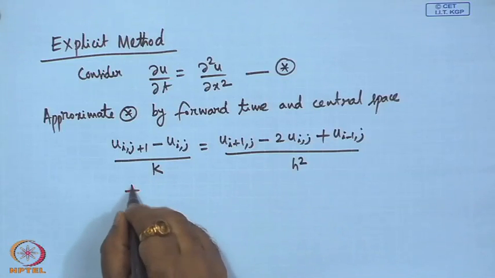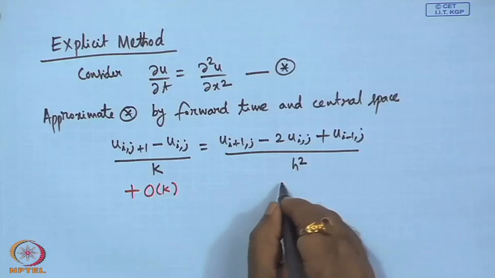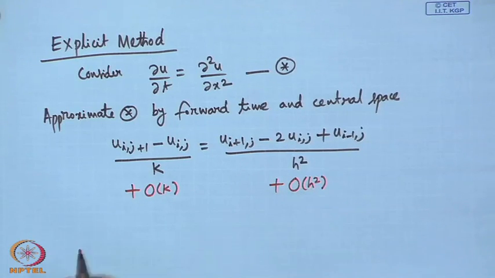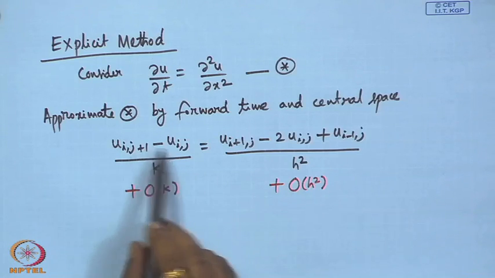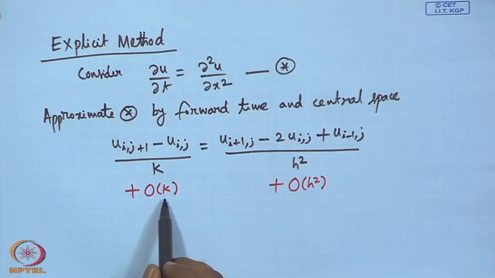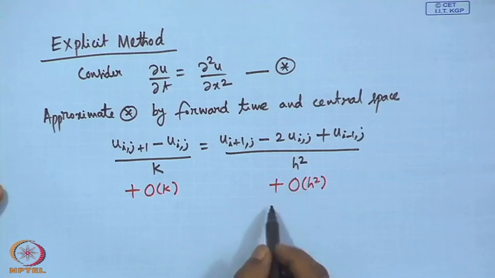So, better we also mention this. What are these? For this approximation of the first derivative, this is the leading non-zero coefficient, and correspondingly for the second order space. Okay.